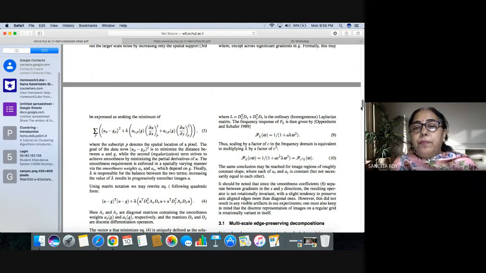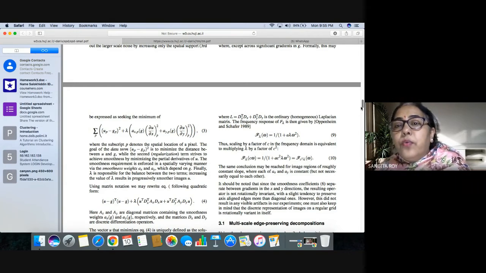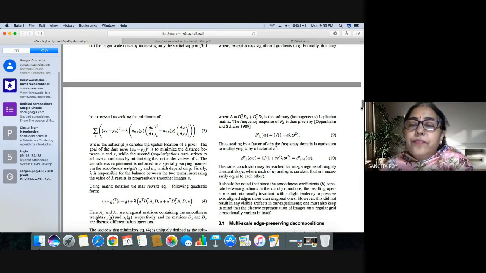One must also keep in mind that the discrete representation of an image on a regular grid is rotationally variant in itself. Thus, from equation 10, it is clear that lambda is in the denominator. So as we keep on increasing the value of lambda, there will be less response at the output in the frequency domain.